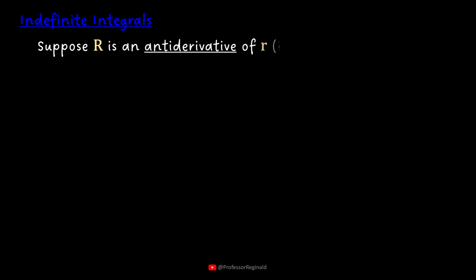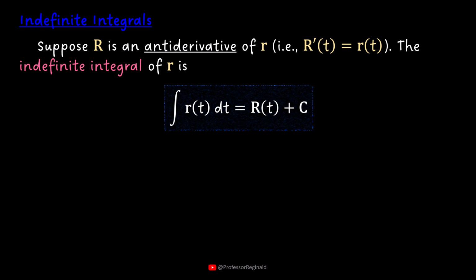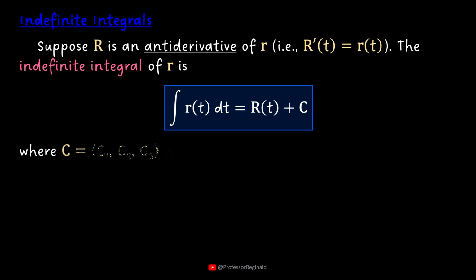Let us start with indefinite integrals. Suppose we have an antiderivative of a vector-valued function, which means its derivative leads back to the vector-valued function. The indefinite integral of the continuous vector-valued function is the antiderivative of the vector-valued function plus an arbitrary constant vector.